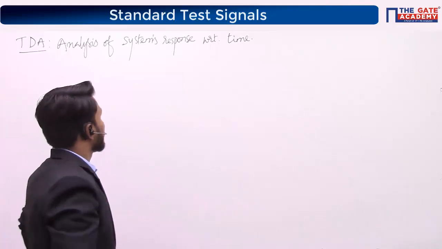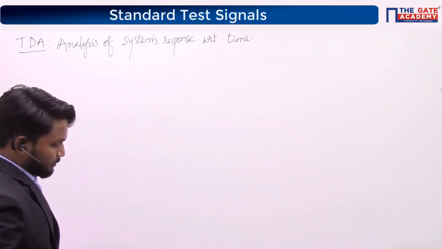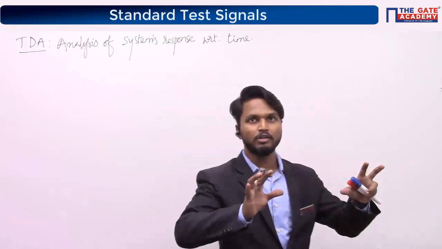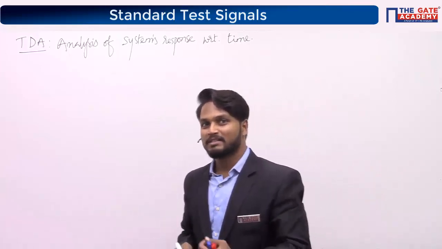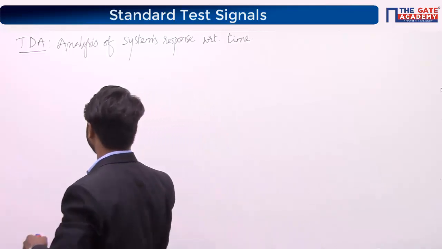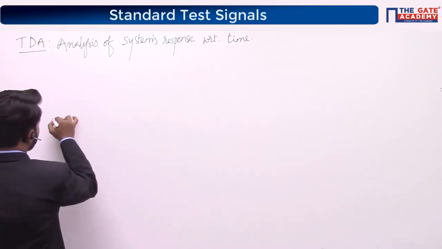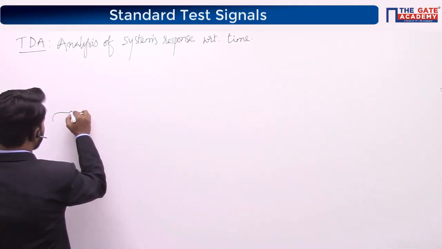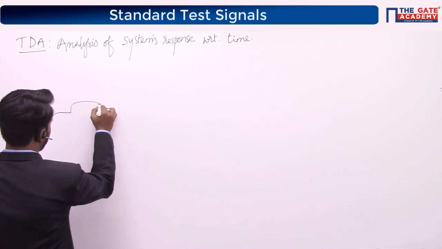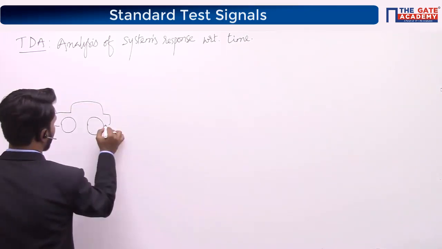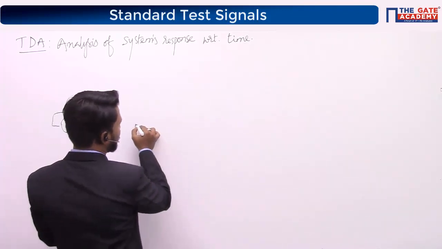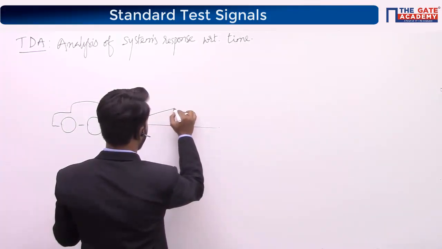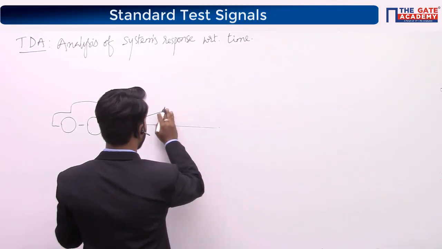Is it clear? So let us say you have two different cars. One is an Ambassador. In olden days we used to have Ambassador cars. The other car is some Lamborghini or else a Jaguar, something like that.